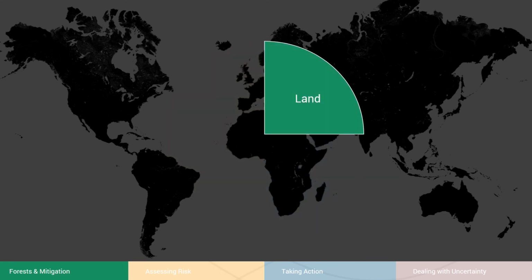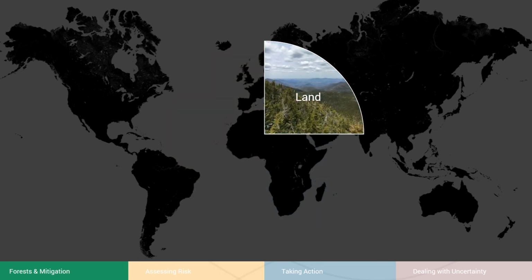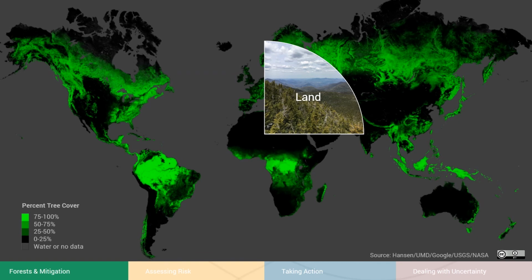Of the land carbon sink, forests are by far the largest component, sequestering and storing large quantities of carbon. In the US alone, for example, forests sequester 15 to 20% of the CO2 produced annually by the burning of fossil fuels. There is incredible potential to increase or expand the capacity of forests as carbon sinks through afforestation, reforestation, and active forest management, all of which have been identified as part of mitigation strategies put forward by the various countries that signed on to the 2015 Paris Climate Accord.